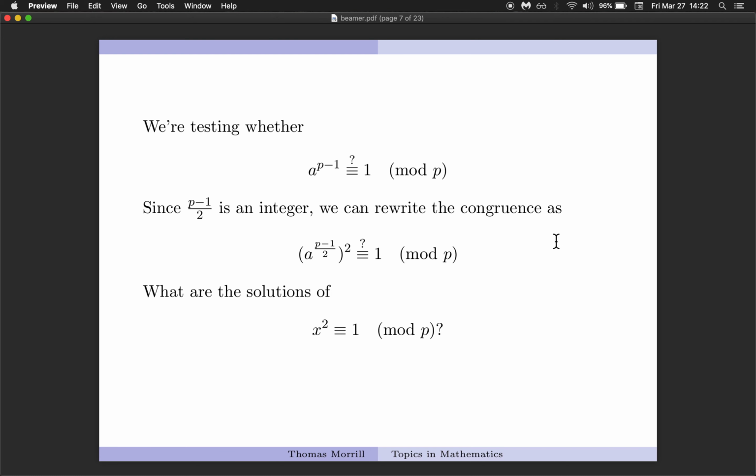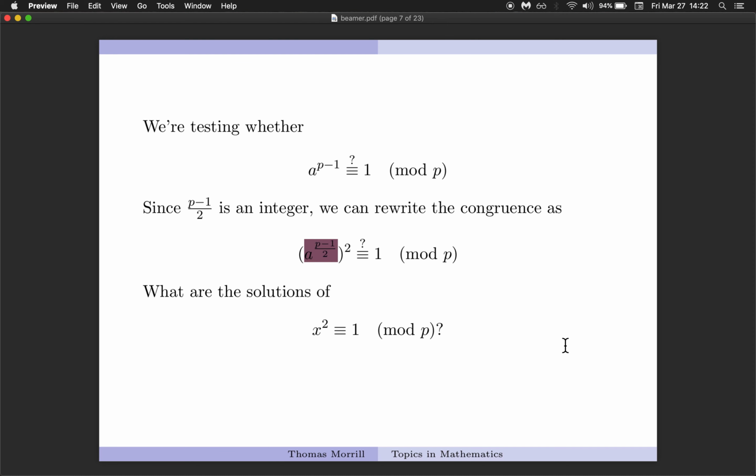So I can rewrite the congruence and say, let's first take a to the power p minus 1 over 2, which we can do. This fraction is just an integer. I can quickly exponentiate and figure out a to that power. Once I have a to that power, it's only one more step to square it and see whether or not I get 1.